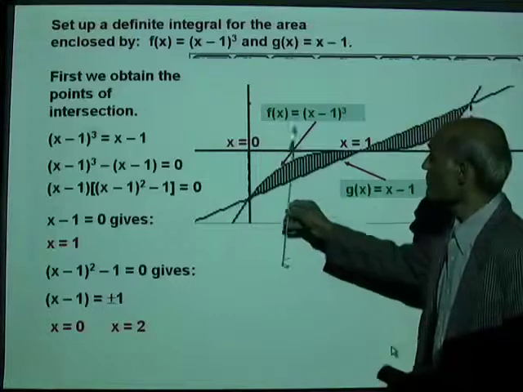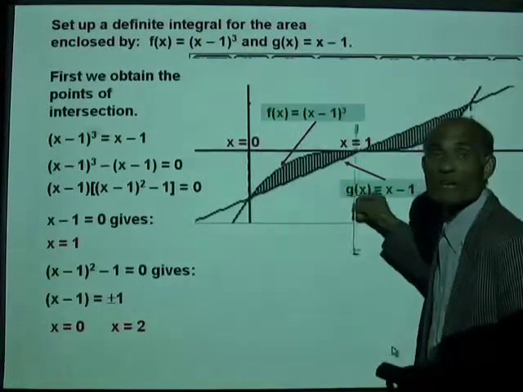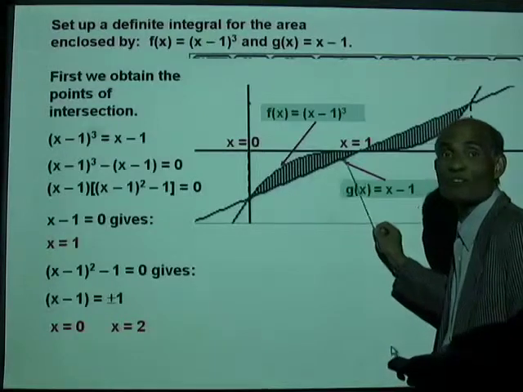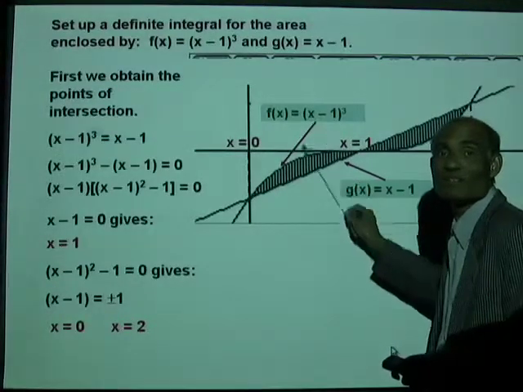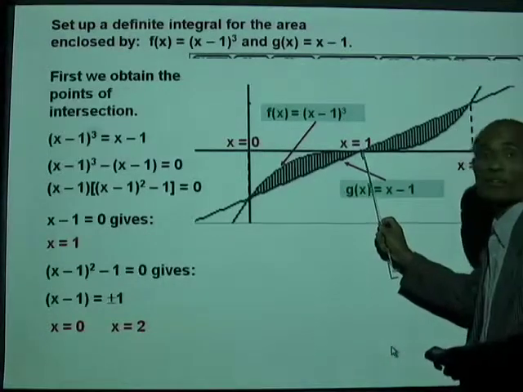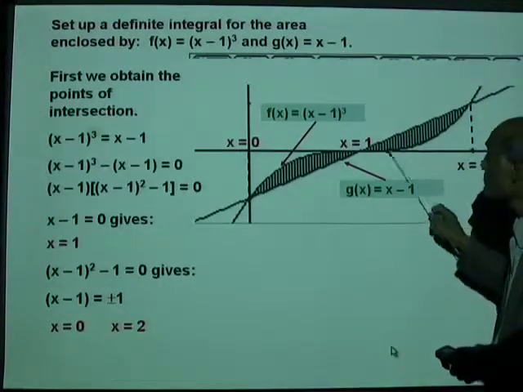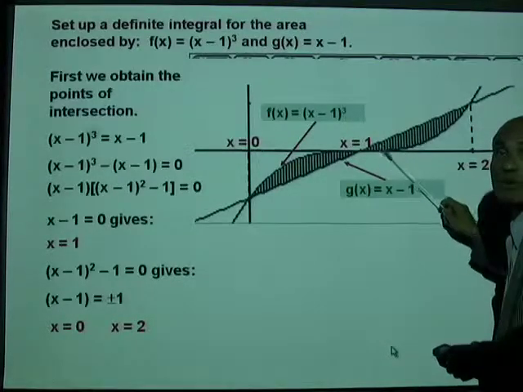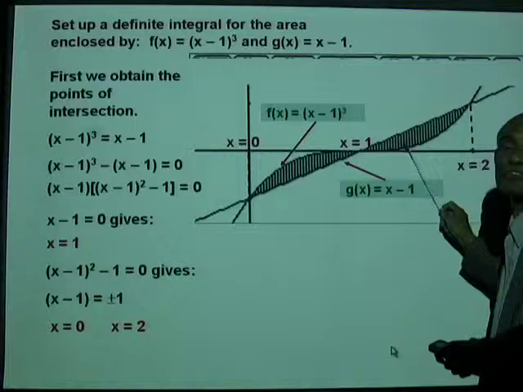If you notice, from x equal to 0 to x equal to 1, the upper function is f of x, is this function. The lower function is g of x. But from x equal to 1 to x equal to 2, the upper function is g of x, and the lower function is f of x.